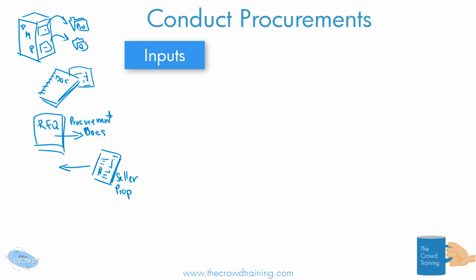And as always, we are a product of our environment. So based on the business and the place that we work, there are our enterprise environmental factors. For instance, are we allowed to use a third party, or must we go through a procurement department, or what is the way we do things around here in terms of the culture and how we work with our vendors and their deals.